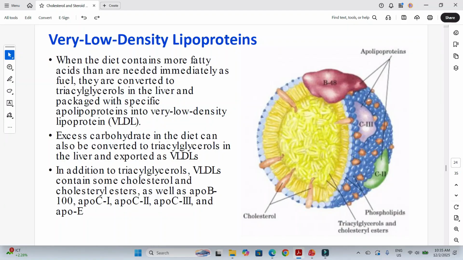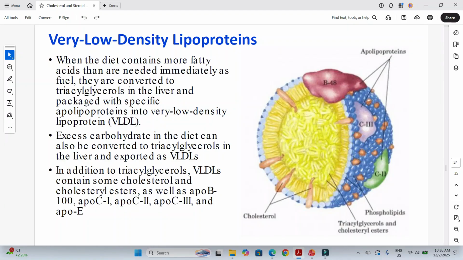Again, when you eat a lot of fatty acids, they are converted to triacylglycerols in the liver. But these triacylglycerols have to be delivered to adipose tissues, right? Okay, so it is important to take note of that excess carbohydrates can be transformed into fatty acids, right?